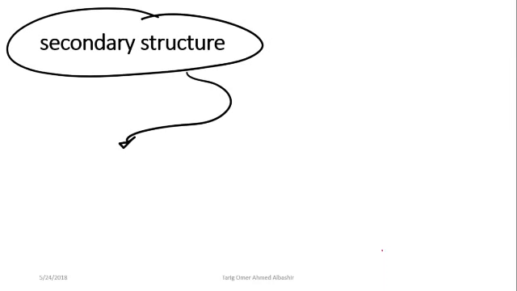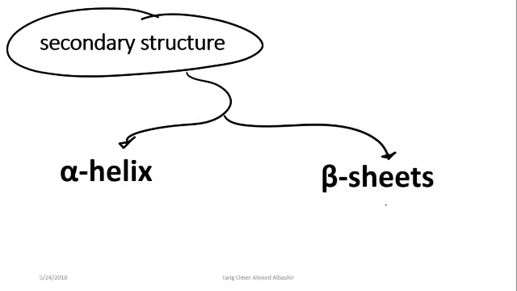Therefore we have different types of secondary structure, which we can subclassify into alpha helices, beta sheets, and beta turns. Those are the most common types of secondary structure.